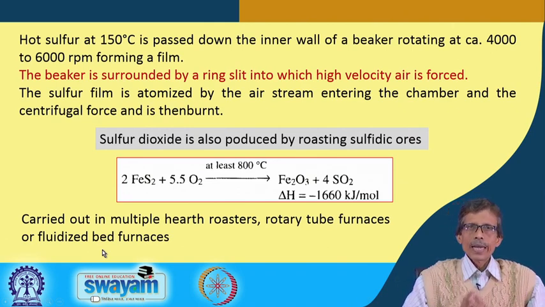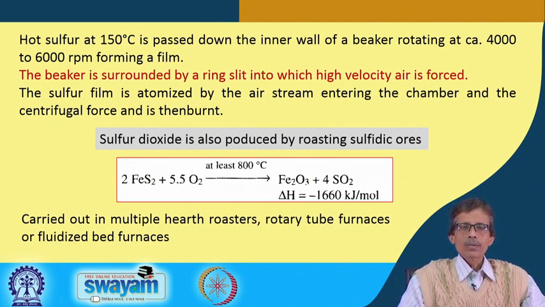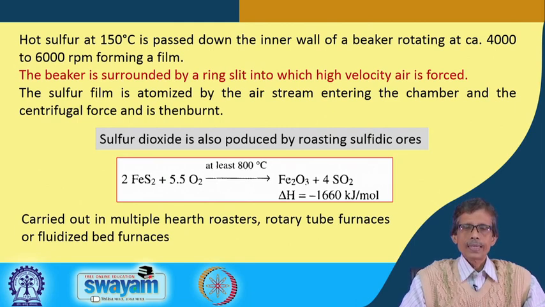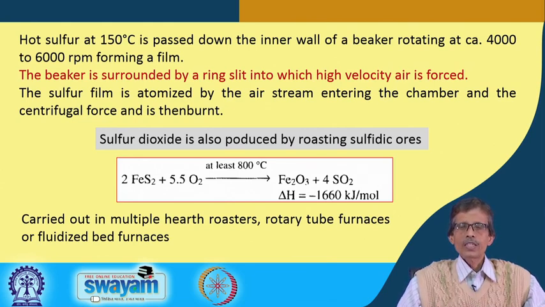So, we get the hot sulfur, and that hot sulfur at 150 degrees centigrade is passed down into the inner wall of a beaker. Basically, if we consider that you have a beaker which is rotating at a very high speed, from 4000 to 6000 rpm, and it is forming a film of sulfur.